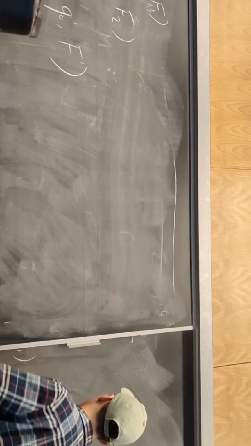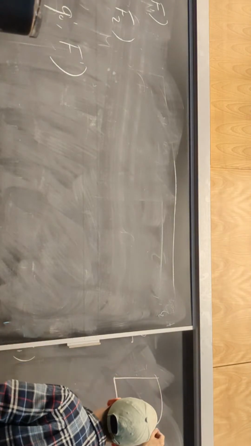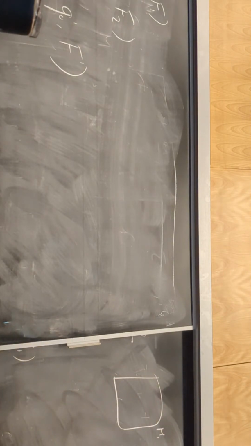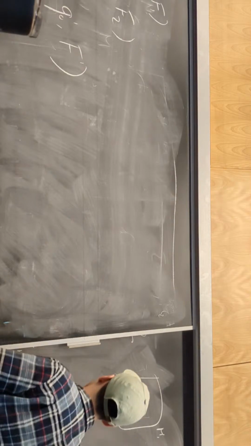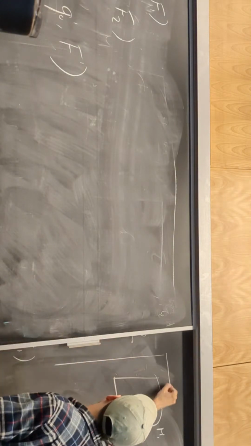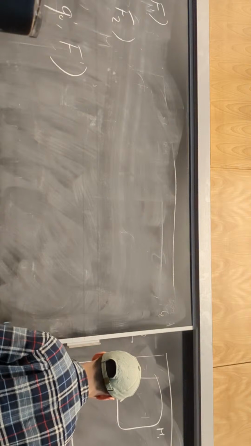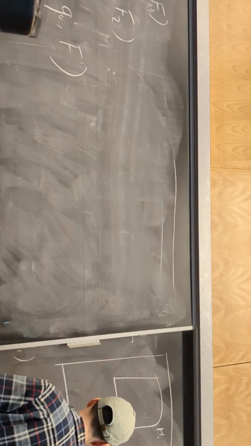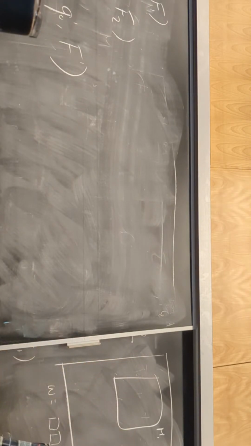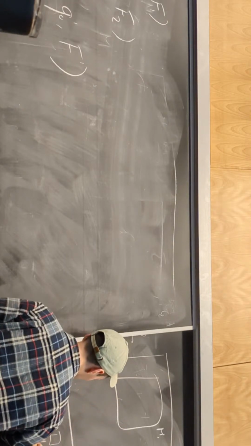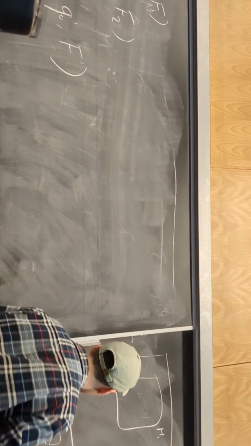So let's draw this picture again. Okay, so I'm trying to design M prime. Okay, and I get some input string. These are each letters, right?